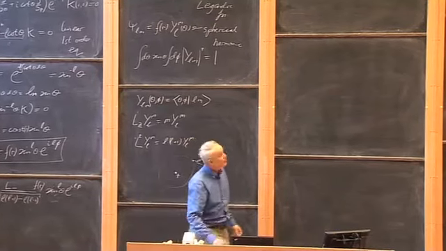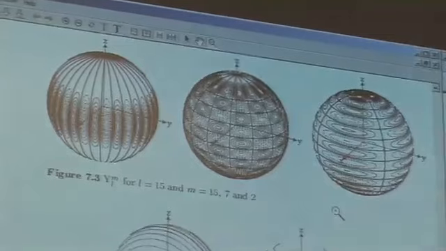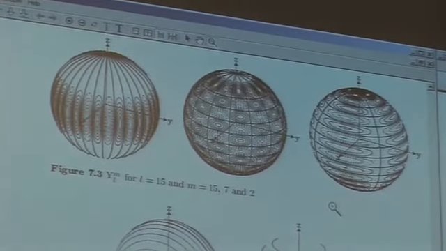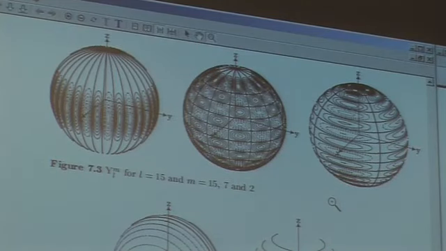The pictures at the top here are contour maps of the real part of Y_LM. Y_LM is an inherently complex thing, consisting essentially of P_LM, some real function of cos theta, times e to the i m phi. So by focusing on the real part, we've got P_LM times cos m phi. And these ones at the top are all for L equals 15. This is for m equals 15.